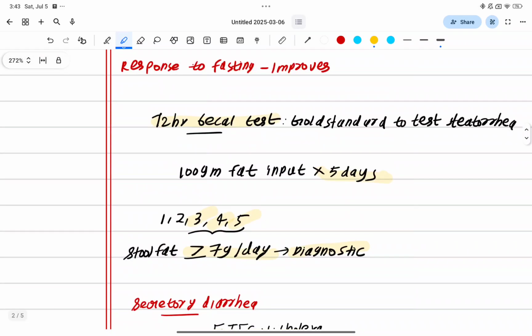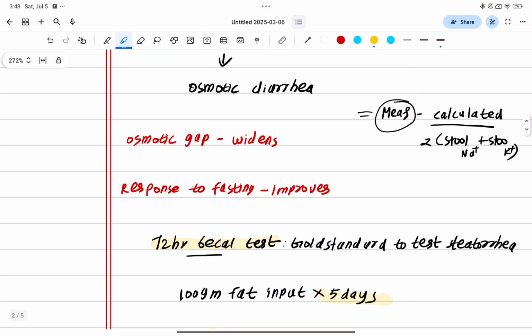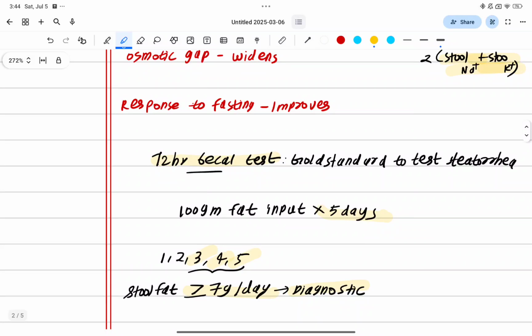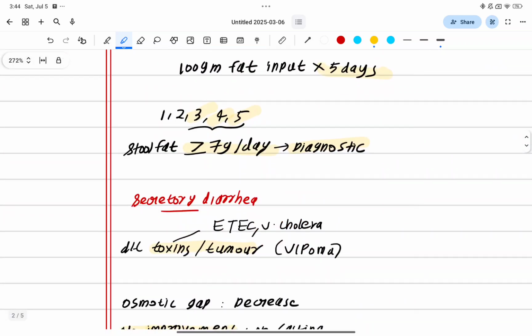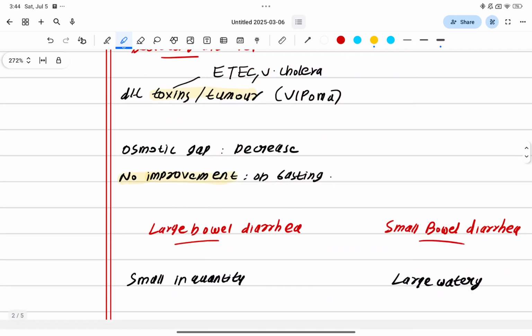Because we know the osmotic gap is measured minus calculated, and calculated is stool sodium plus stool potassium. In secretory diarrhea there will be hypokalemia, and sodium loss also. So the calculated entity will change, and basically the osmotic gap decreases.